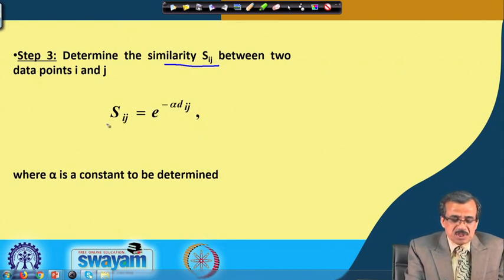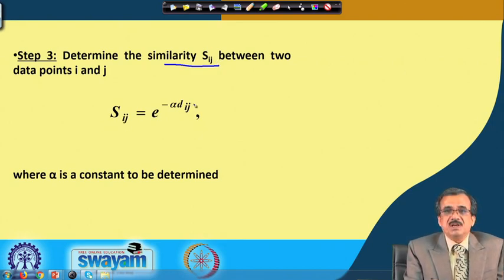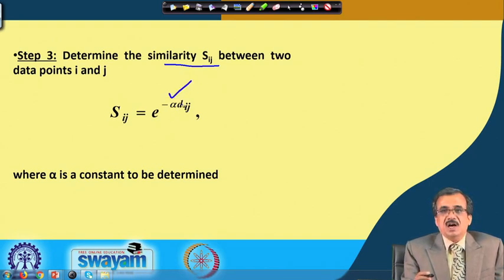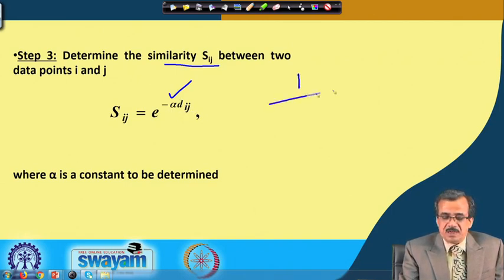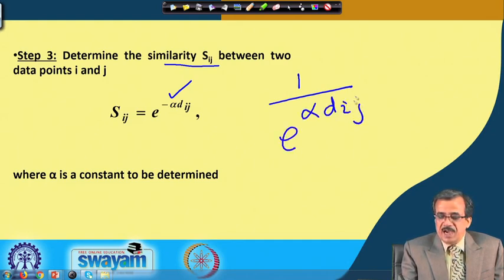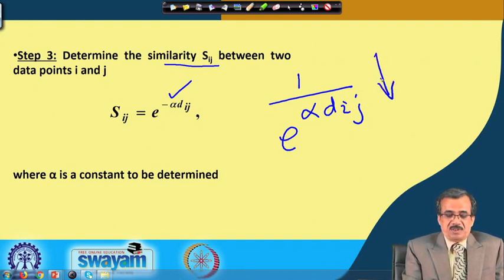Now, the way the similarity and this particular distance relationship has been written is as follows: S i j is nothing but e raised to the power minus alpha d i j. Now, if d i j is more, then this becomes 1 divided by e raised to the power alpha d i j. So, if d i j is more, this particular expression is going to be reduced, that means your similarity is less.